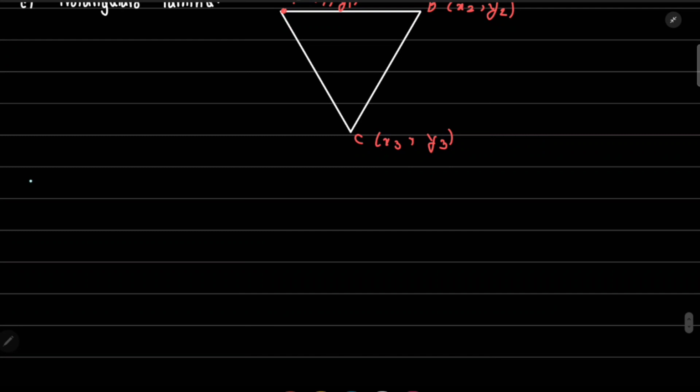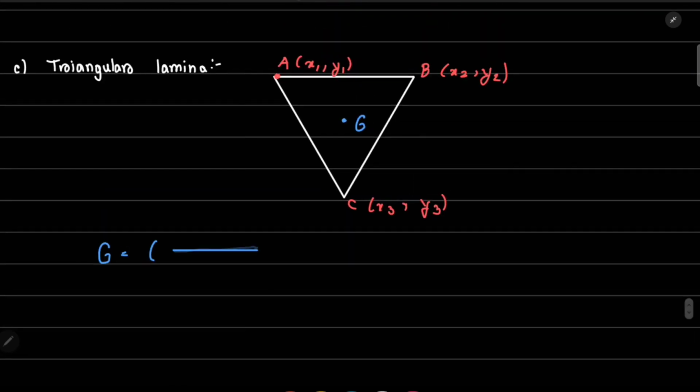So for a triangle, the center of mass, or G, will have a coordinate like this. So in this form, x1 plus x2 plus x3 divided by 3, comma y1 plus y2 plus y3 divided by 3.